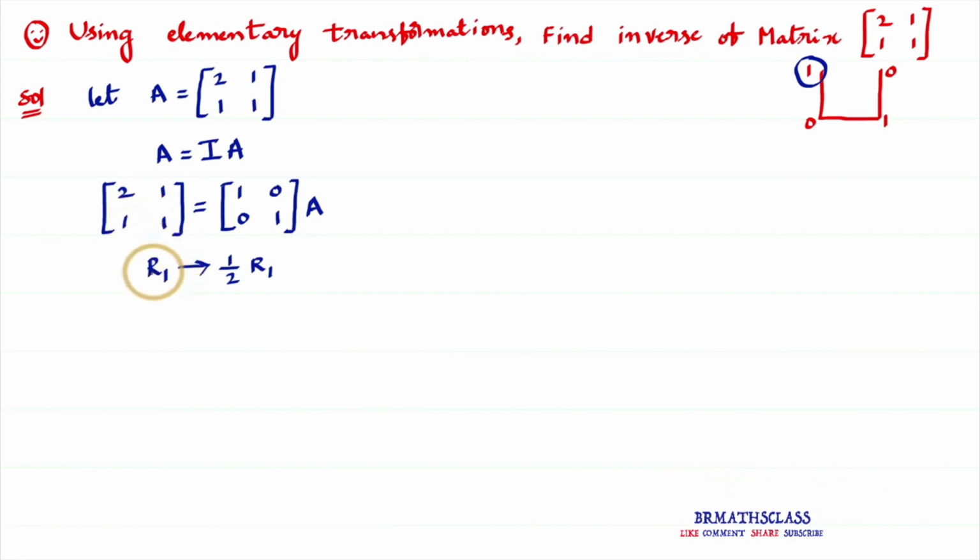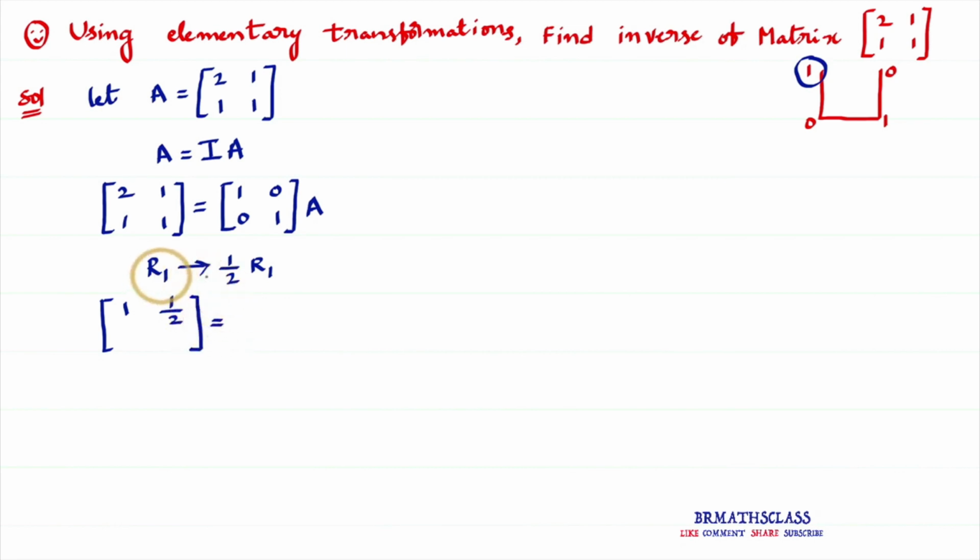Okay. Now what I'll do, I'll apply this elementary operation. All the elements of first row, I'll multiply with 1 by 2. Okay, you observe this is the first row, na? You multiply 1 by 2 into 2. 1 by 2 into 2 is what? 1. Okay, now 1 by 2 into 1. 1 by 2 into 1 is 1 by 2. Okay, first row equal to.